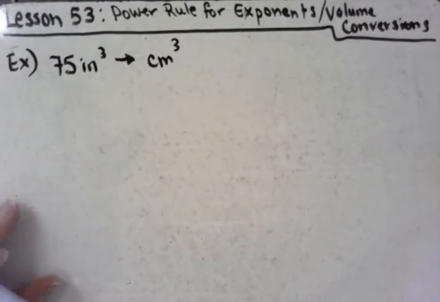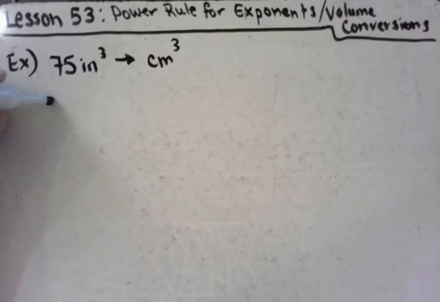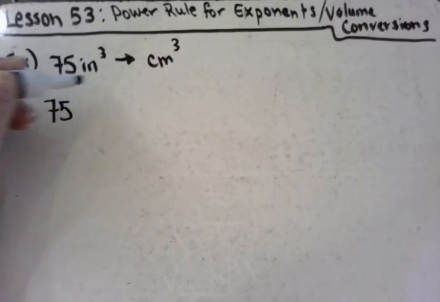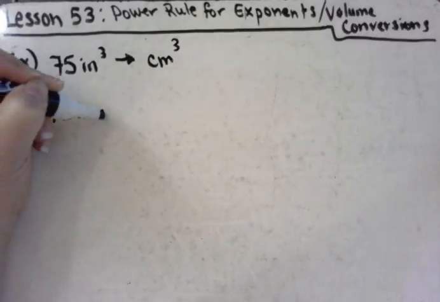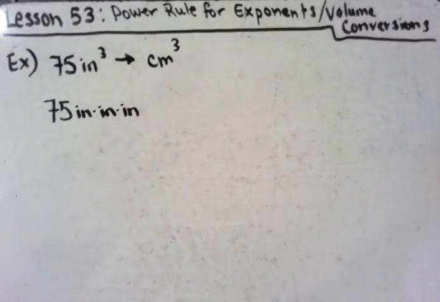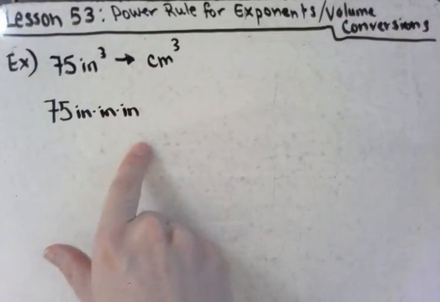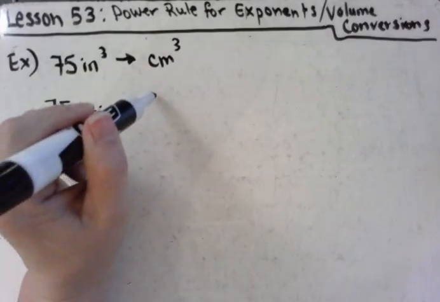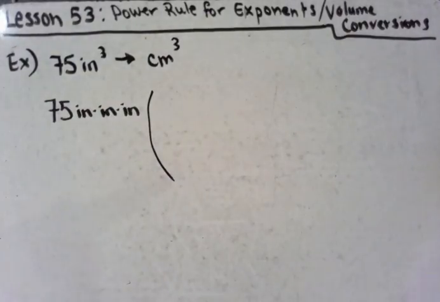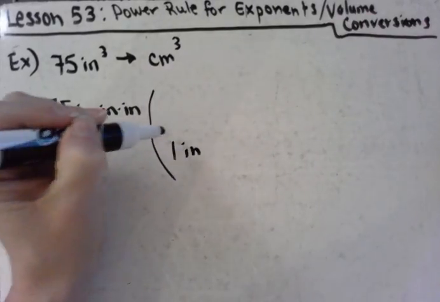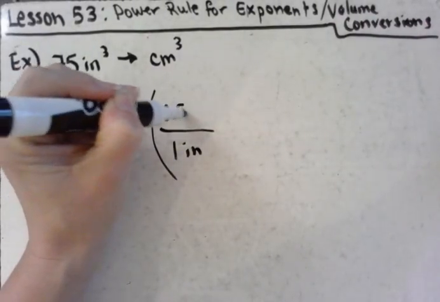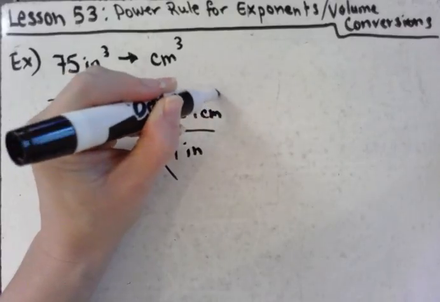I'm going to write it this way so that it makes more sense. 75 inches cubed is actually inches times inches times inches. And so if I want to cancel out inches, I actually have to do it 3 times. So in order to cancel inches and convert to centimeters, I know that 1 inch is equivalent to 2.54 centimeters.